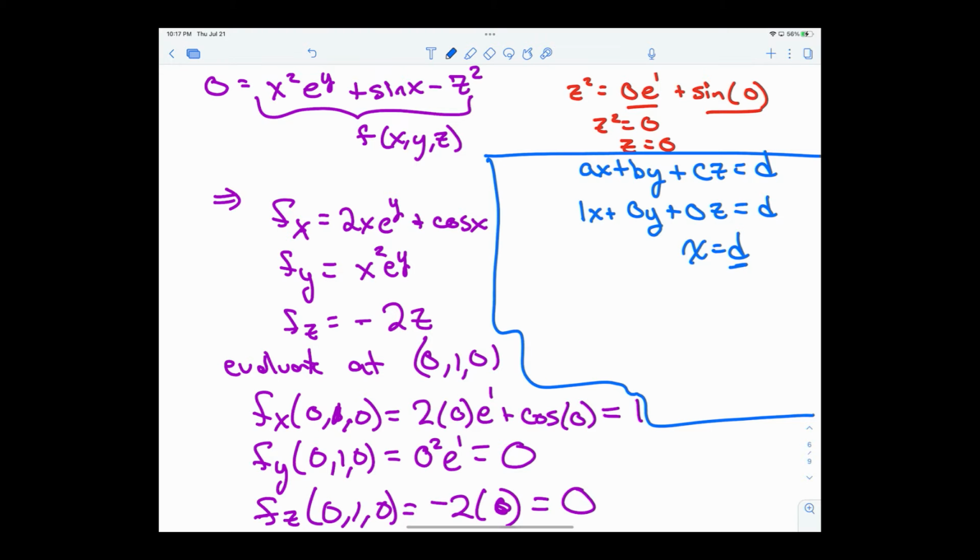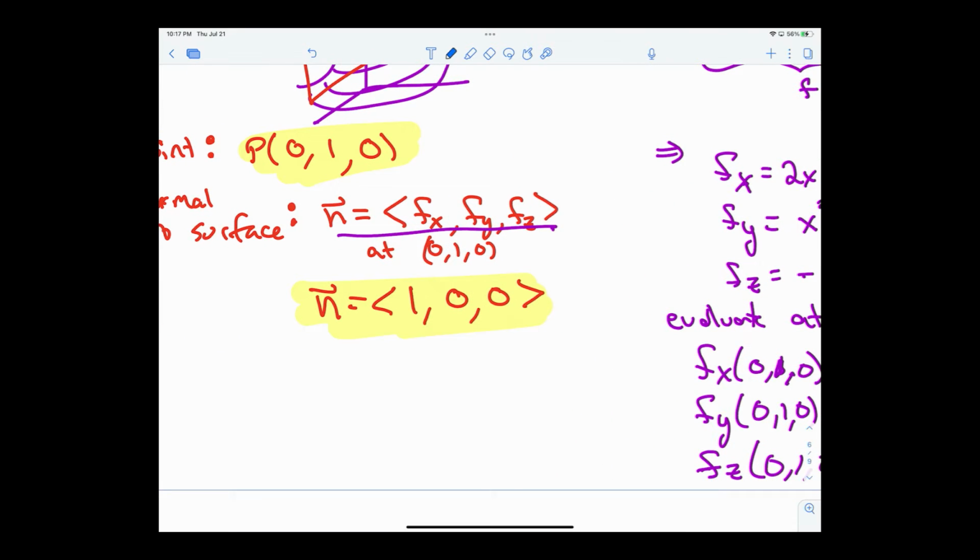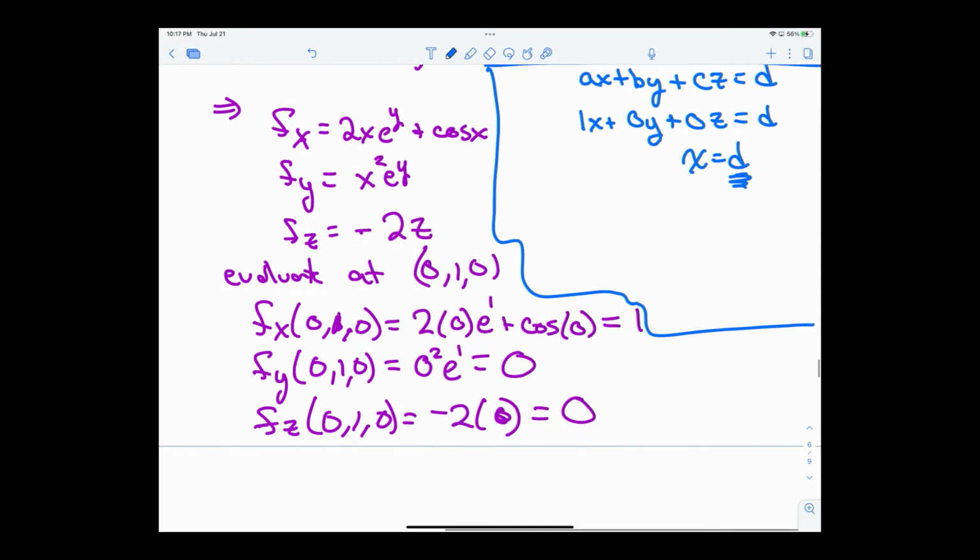And then in order to calculate this d, which is a constant that we need to find, we're going to plug in the point, which is (0, 1, 0), to find d. Of course, it's just x equals d, so we're just going to have 0 equals d when we plug that in.